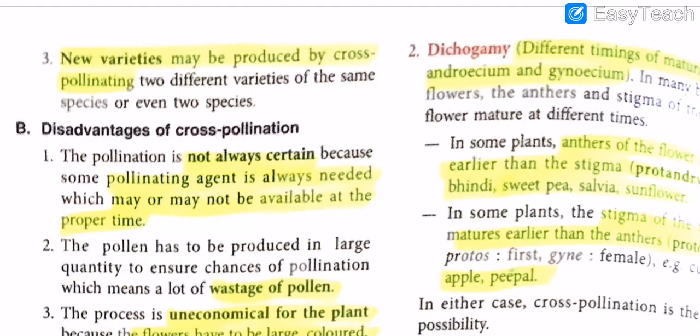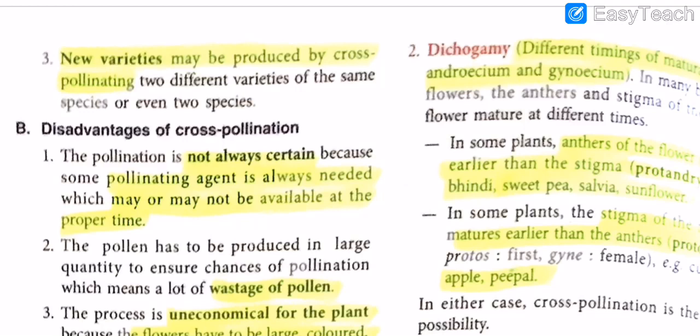Now, new varieties may be produced by cross-pollinating, because we have different varieties also. Like, in so many cases, we have different mangoes, like we have Kesari mango, we have Alfonso mango. They're different, they're new varieties. So new varieties may or may not be produced by cross-pollinating two different varieties of the same species, or even two species. So you get new varieties.